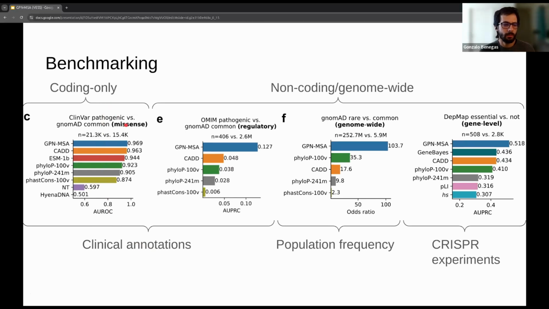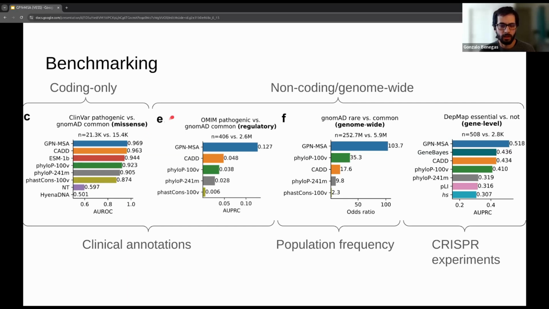Here GPN-MSA does maybe a bit better than other methods, but we don't see much difference. This suggests it is good for coding variants, but it's not providing that much value at this point compared to existing methods. You could say that this task is somehow saturated, in the sense that there are many models doing well at it.